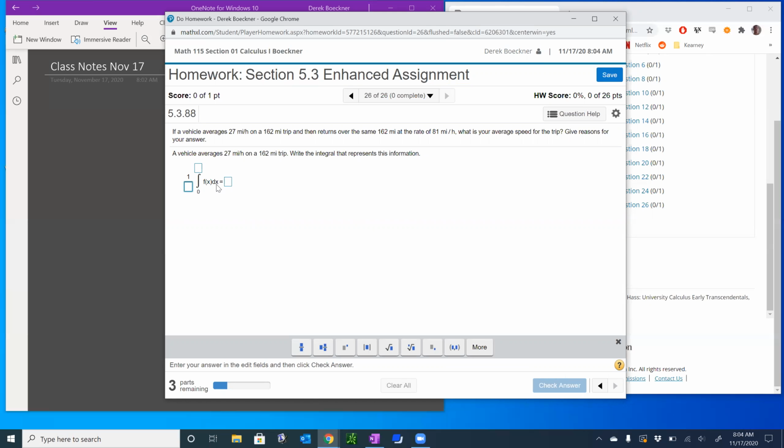it's a 1 over t function, which doesn't make much sense, but you'd be integrating over the 162 because that's the total length of the trip. So you're going to go from 162 to 162. And this is 1 over b minus a, from a to b of the function.